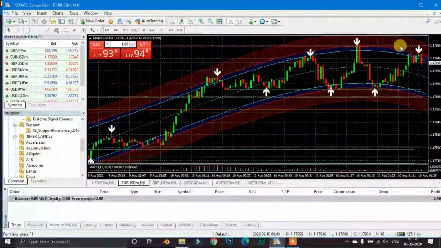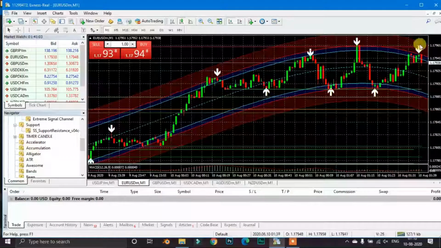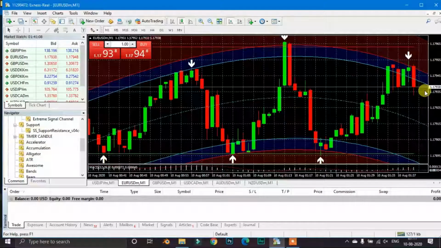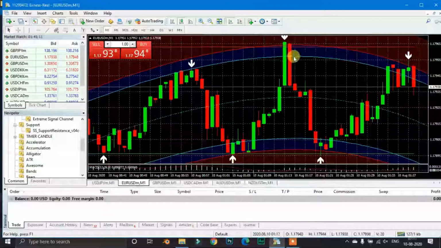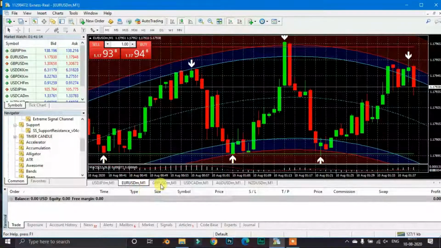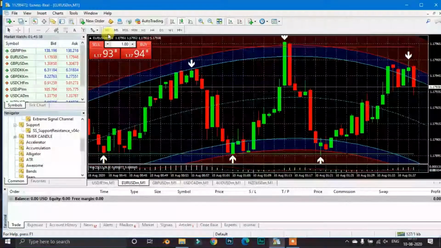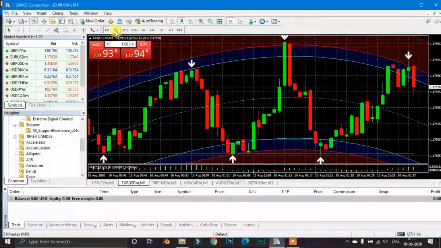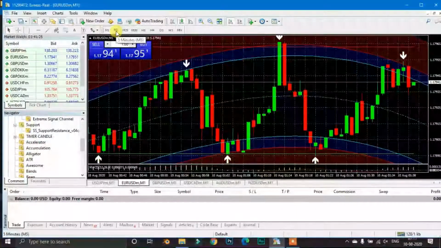Here you can see that the channel is going down. So you have to take this trade this way. If you set a 1 minute candlestick chart, you have to take it for 5 minutes after this signal. If you set a 5 minute chart, you have to take 30 minutes.